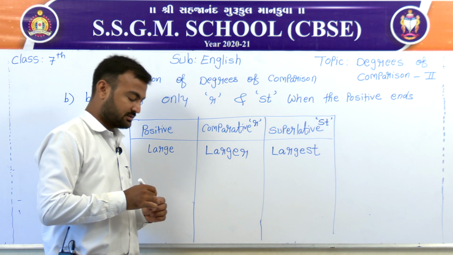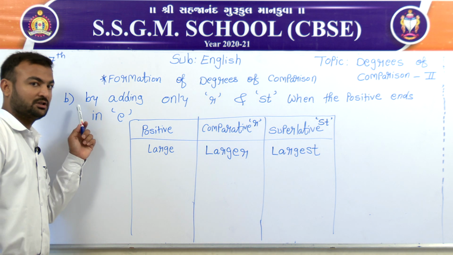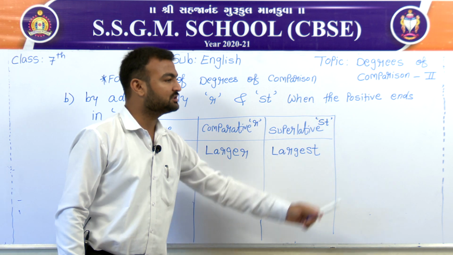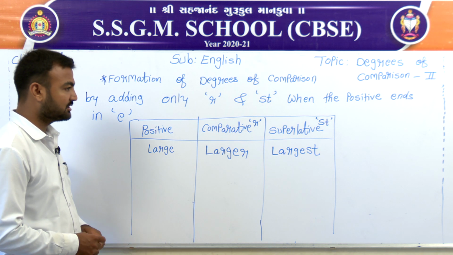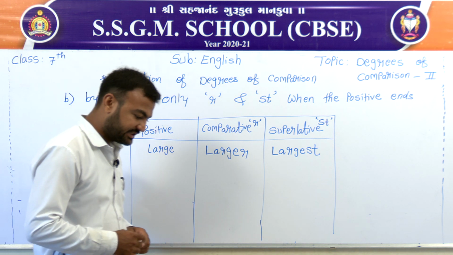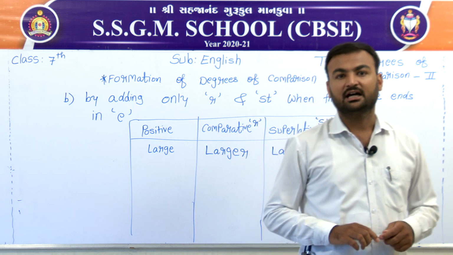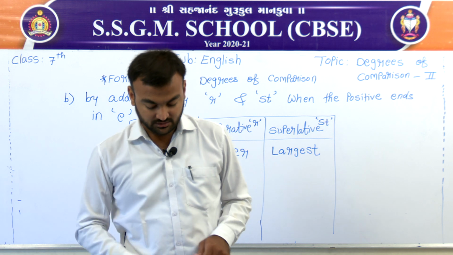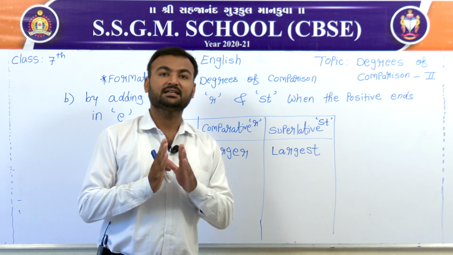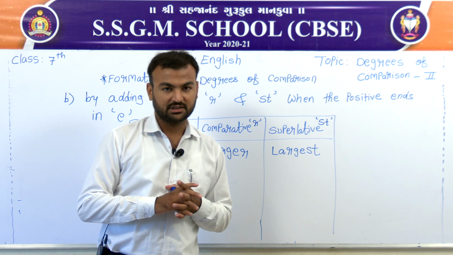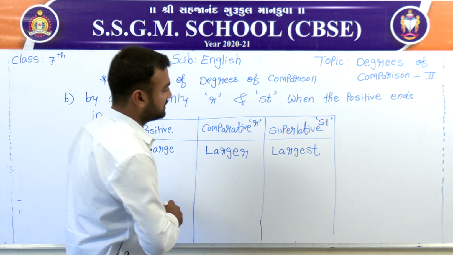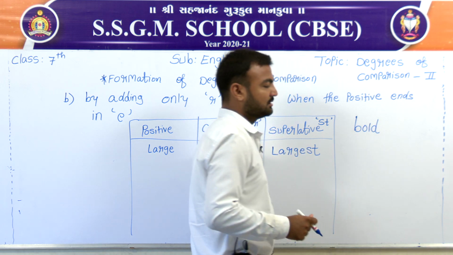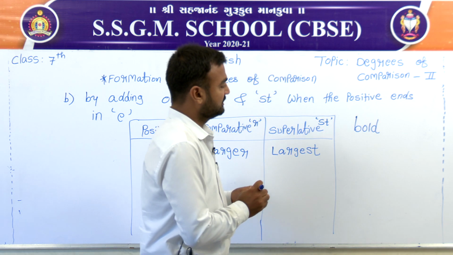Why? Because it is already written in rule number 2 that we add only R and ST when the positive ends in E. Here the positive degree ends in E. In the previous rule, number 1 rule A, we add ER and EST to the positive degree because the positive degree ends with simple letters.